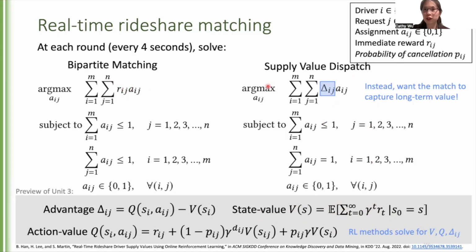We want a version that does capture long-term value. And right here, these are three equations that make explicit how you compute this delta. You can see this delta is really closely related to the value function.